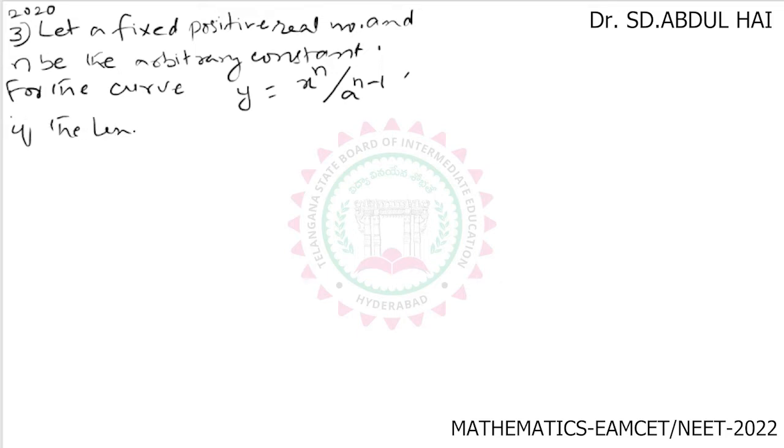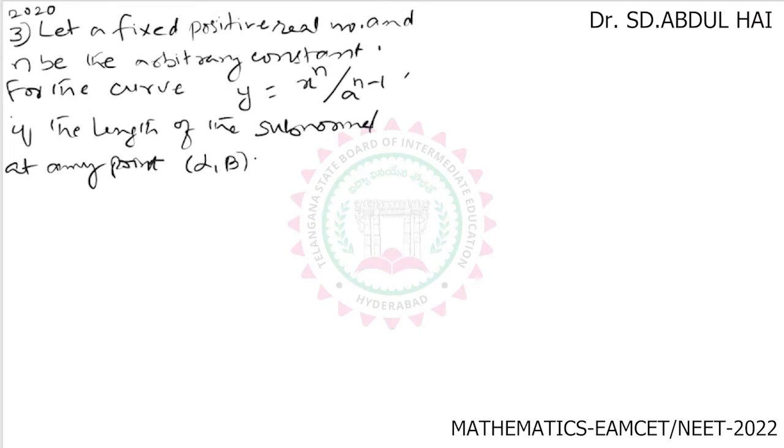If the length of the subnormal at any point alpha comma beta is proportional to a square, then he is asking the value of small n is equal to.